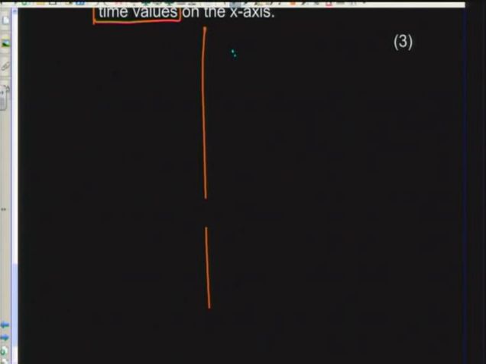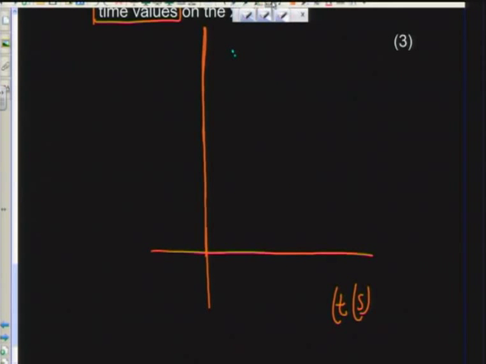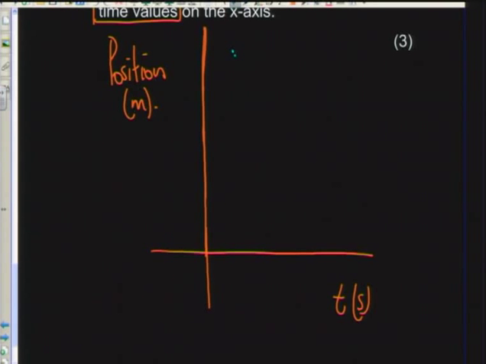This is my time in seconds. And this is my position or displacement. So position this side in meters, all right?